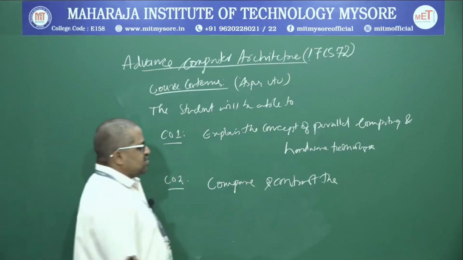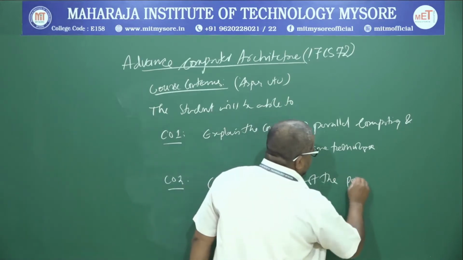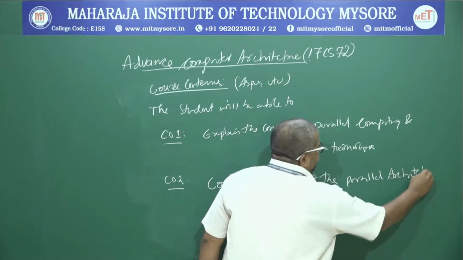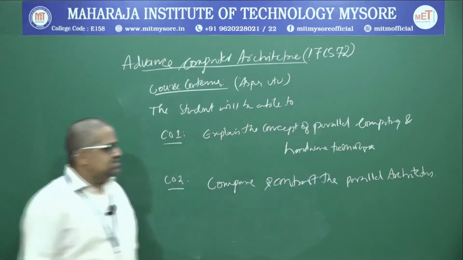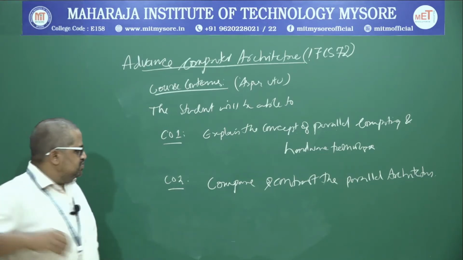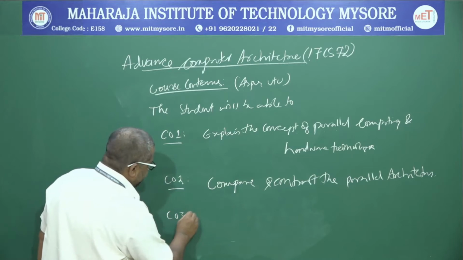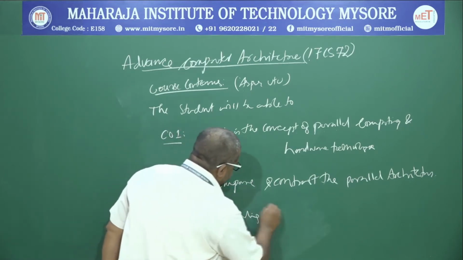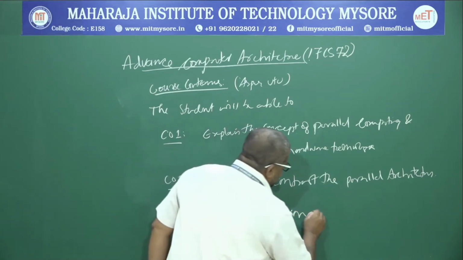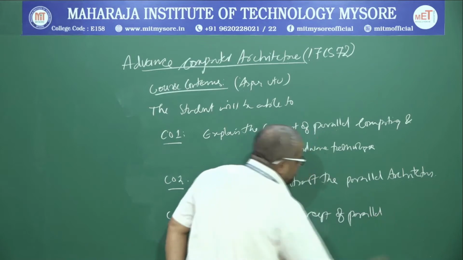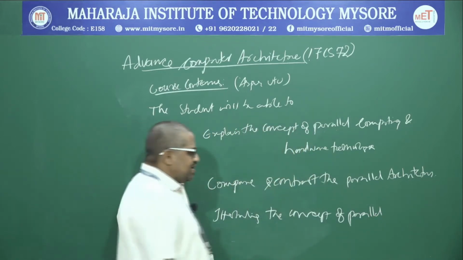You are going to compare and contrast the parallel architectures. That is what is going to be learned in the second CO. The third one is illustrating the concept of parallel programming.